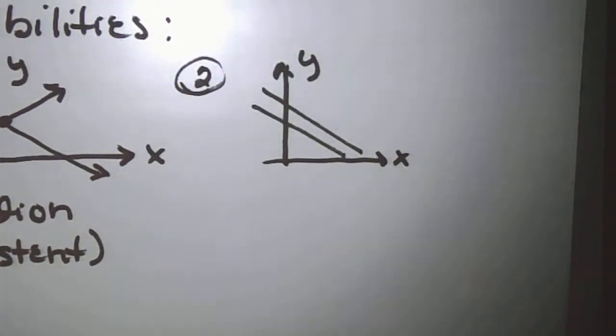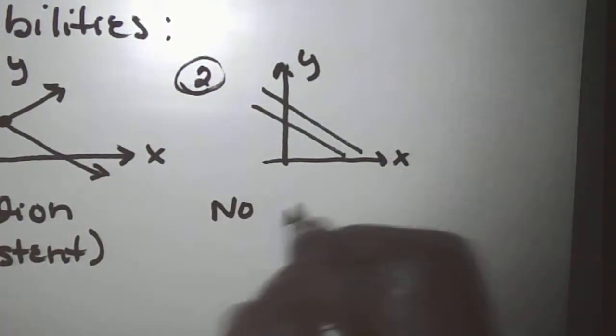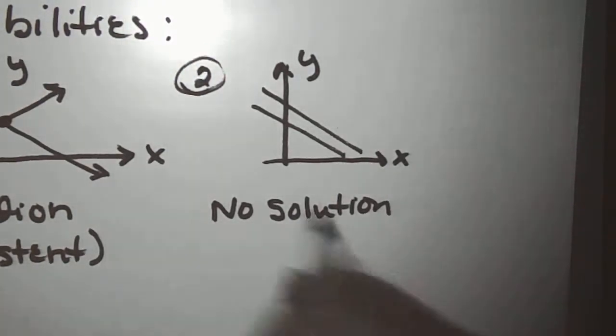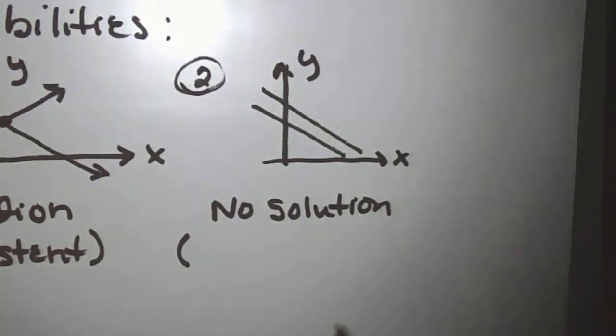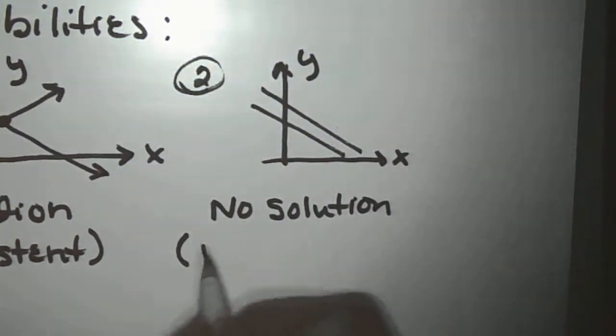If your two equations are parallel to each other, we have no solution. And then the fancy name for a PreCal book, they call it inconsistent.